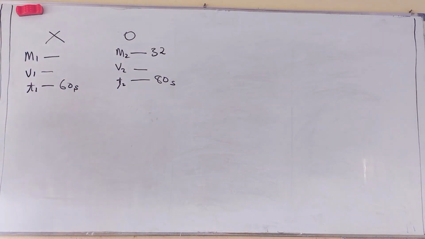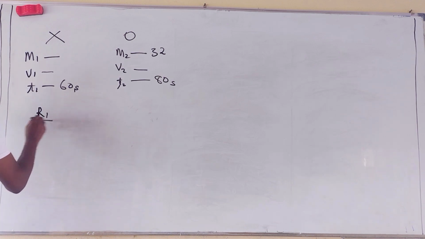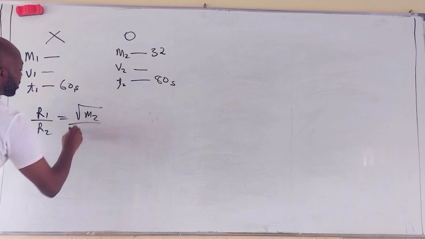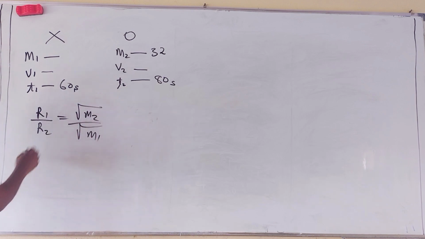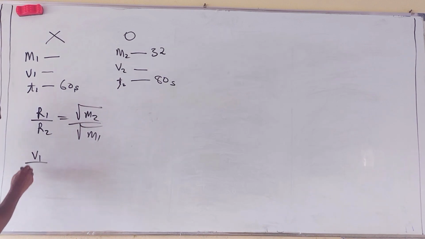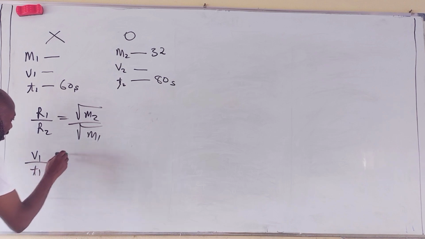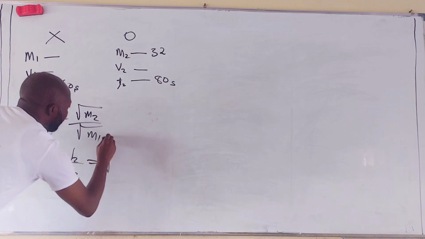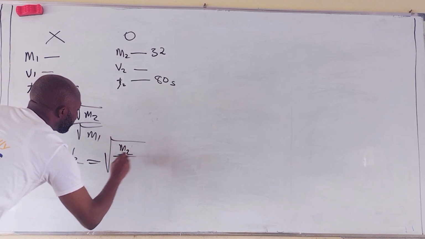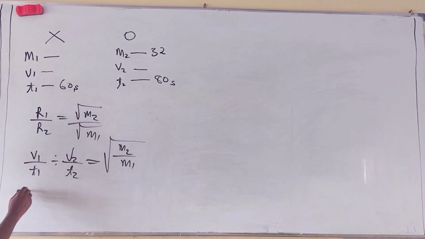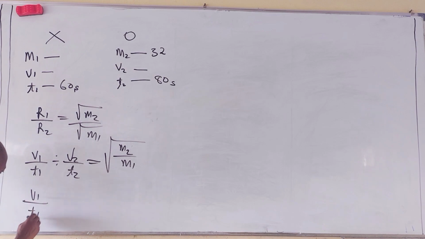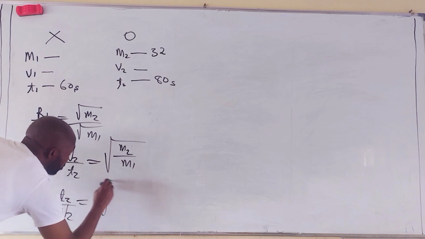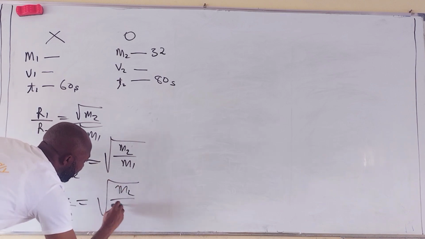So starting with the formula, R1 over R2 is equal to the root of M2 over the root of M1. R1 is V1 over T1, divided by V2 over T2, is equal to the root of M2 over M1. And there I have V1 over T1 times T2 over V2 is equal to the root of M2 over M1.